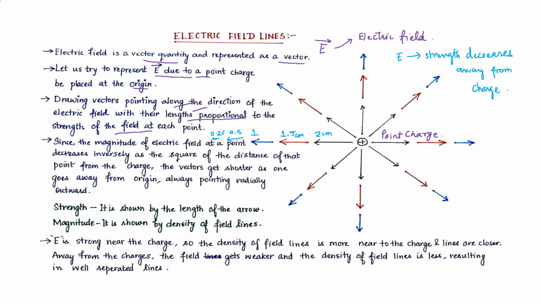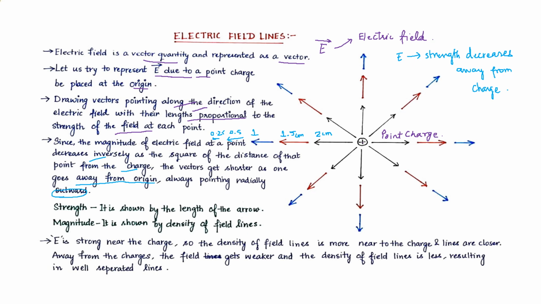Since the magnitude of the electric field at a point decreases inversely as the square of the distance of that point from the charge, the vectors get shorter as one goes away from the origin, always pointing radially outward.